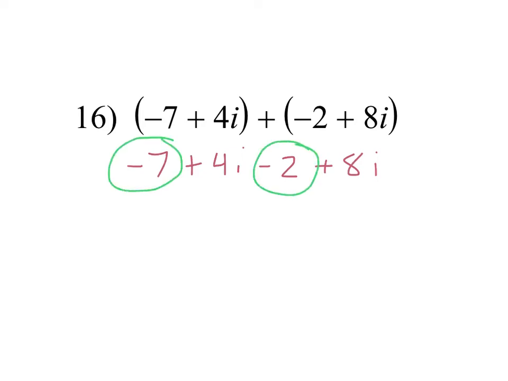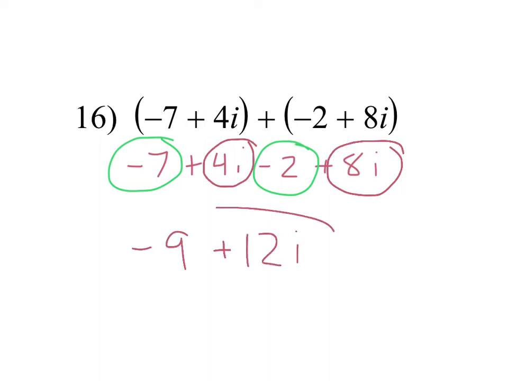What's negative 7 minus 2? Negative 9. And then we have 4i and 8i, so plus 12i. So our answer is negative 9 plus 12i.